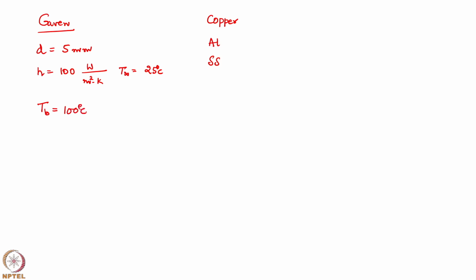So, at what temperature should I take the properties, because I know these two temperatures? I take (Tb plus T infinity) by 2, that is (100 plus 25) by 2, so that is 62.5 degrees Celsius or 335 Kelvin.